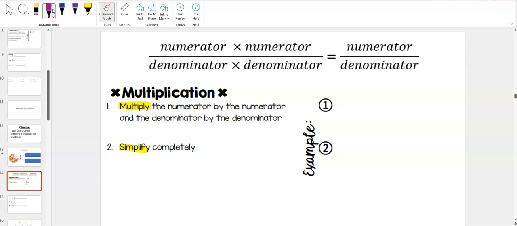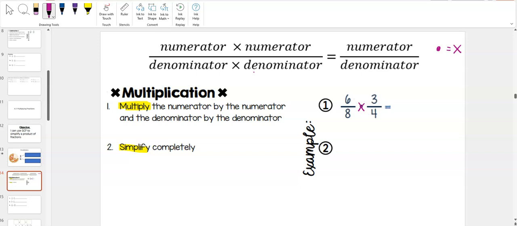So we're going to start with our example problem. We are going to do 6/8 times 3/4. Another quick reminder, this dot symbol here means the same thing as multiplication. So dot is the same thing as a multiplication sign.